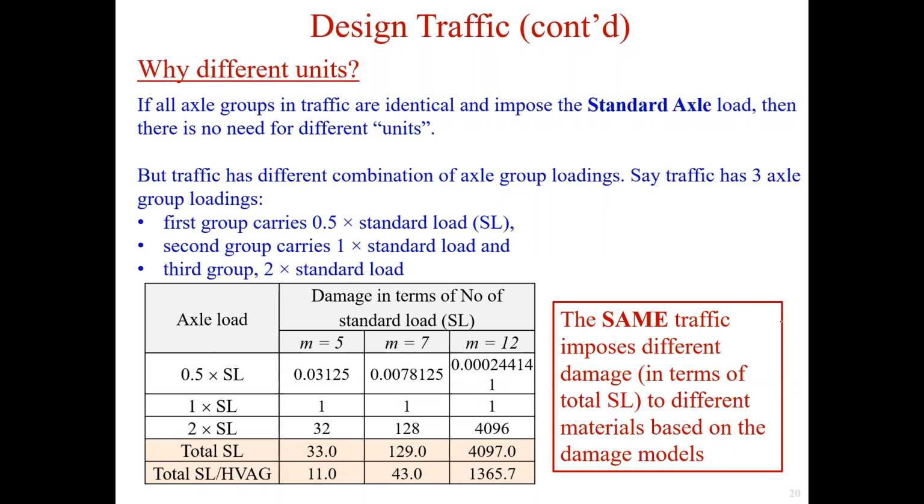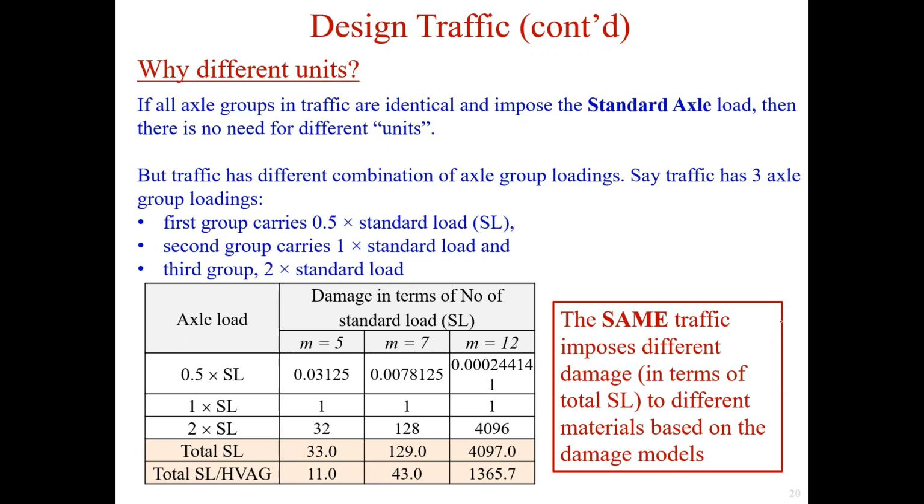You may think, if all axle groups in traffic are identical and impose the standard axle load, then there's no need for different units. But the real situation is far more complex, as traffic has a different combination of axle group loadings. Say traffic has 3 axle group loadings. First group carries 0.5 standard load.